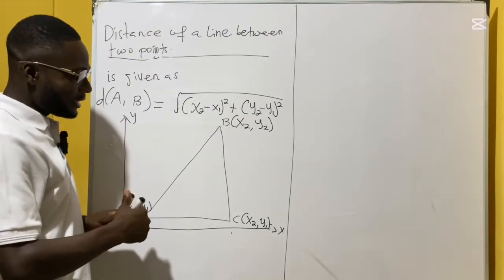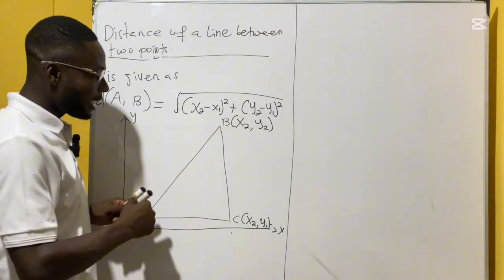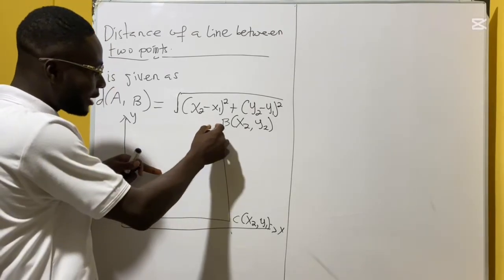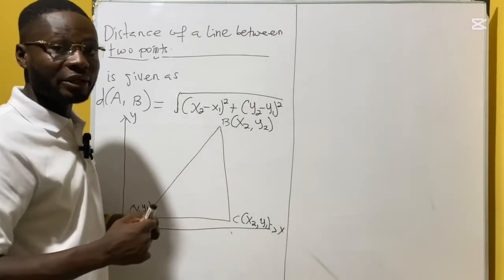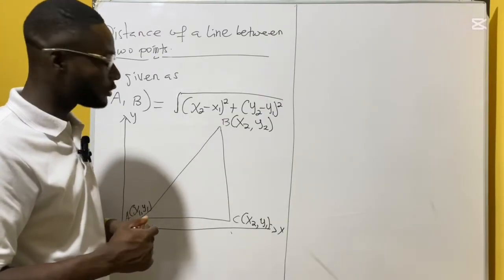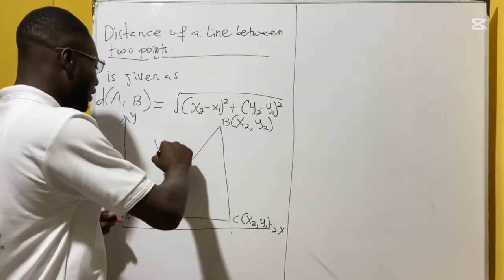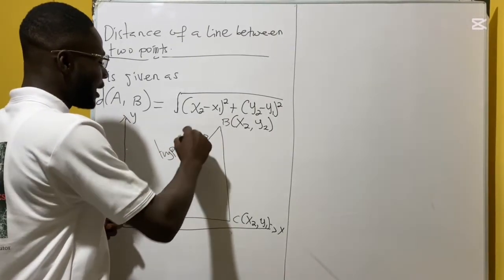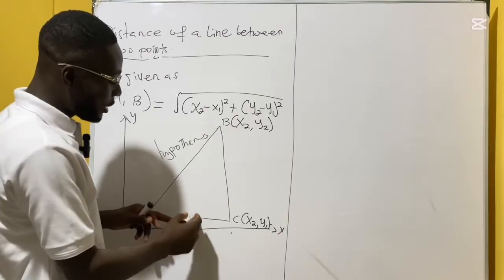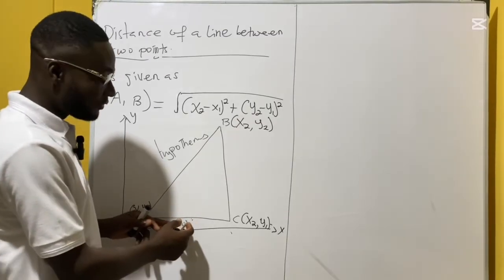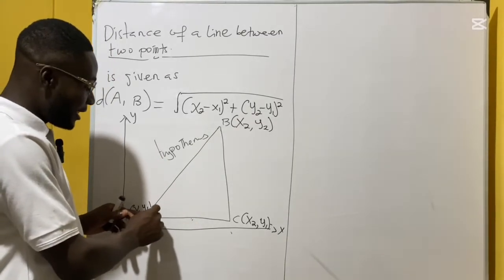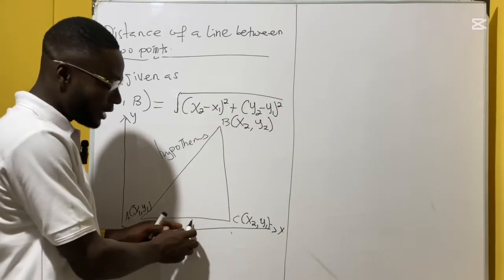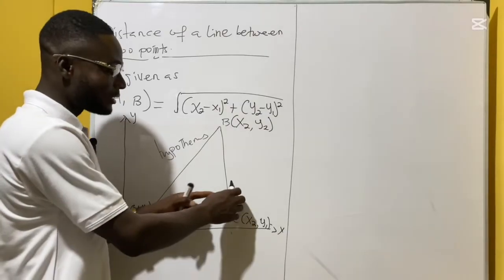So this is basically a triangle, and you know that the longest side of the triangle is called the hypotenuse. We don't know the names of the other sides because nothing shows that this is a right angle triangle, so we can't decide whether this is the opposite or the adjacent.